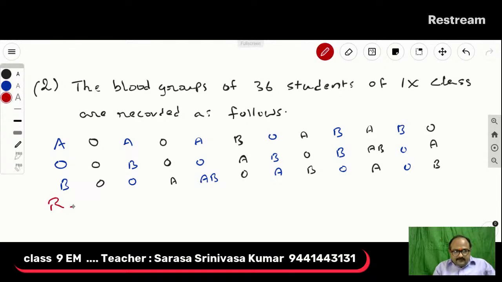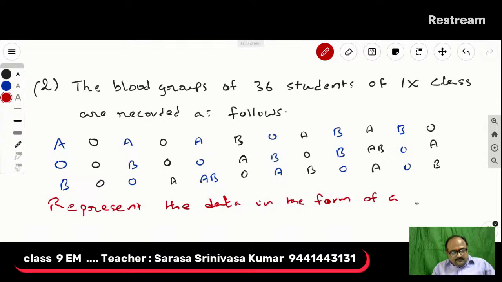Represent the data in the form of a frequency distribution table.